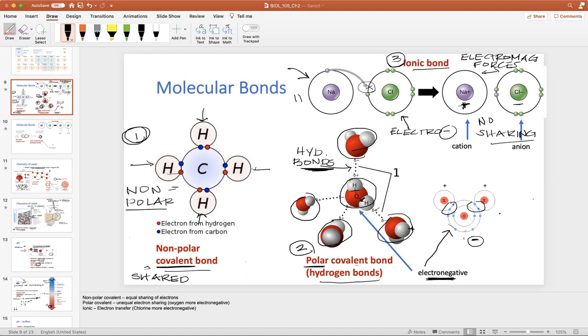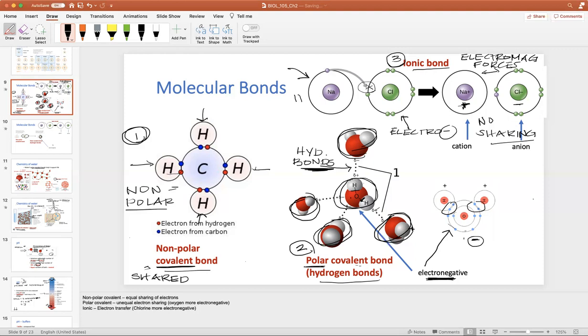Now, what is the upshot of this situation where they're sharing electrons, so it is a covalent bond, but they're sharing these electrons unevenly so that you have a negative and a positive end? Well, I was telling you last time that if you look at these individual water molecules, they act like magnets with one another, whereby the negative oxygen tends to be magnetically drawn to the positive hydrogen.